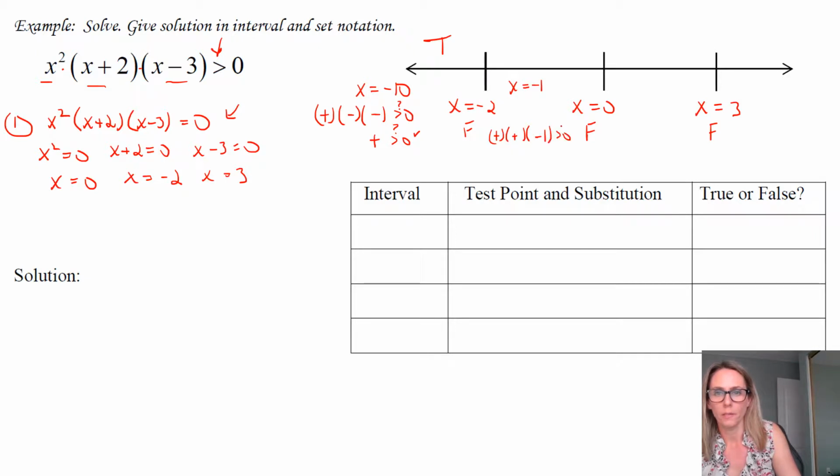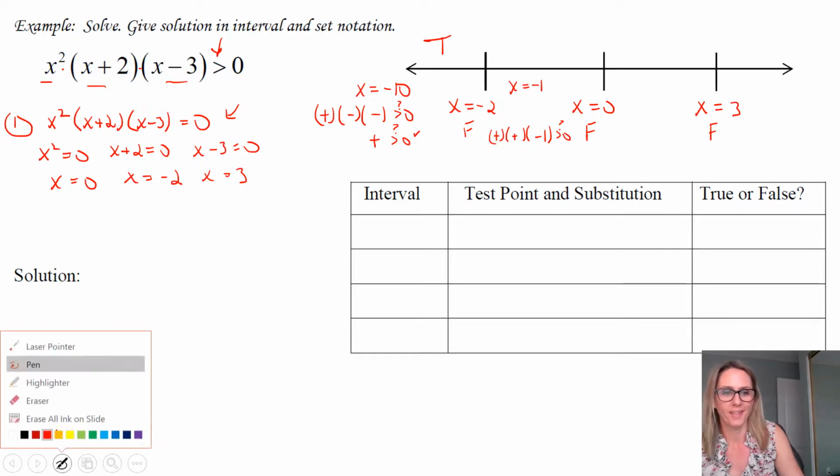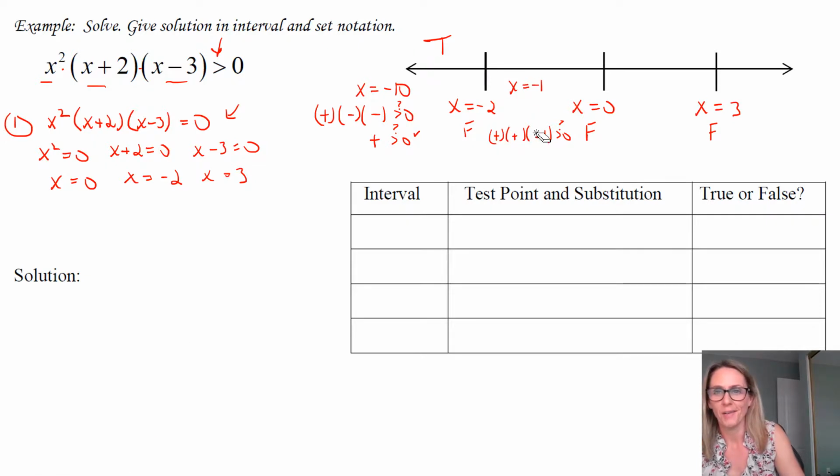Being greater than 0, I don't care about what the number is. It's just a negative. We don't have to write -1. So a positive times a positive is positive, but times a negative is a negative. So a negative is not greater than 0. Nope. And so we have false.